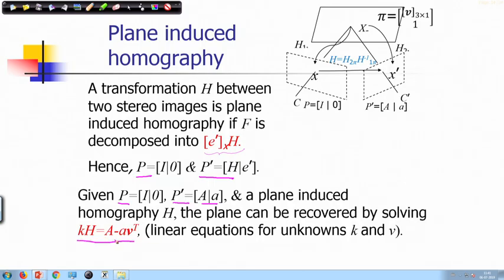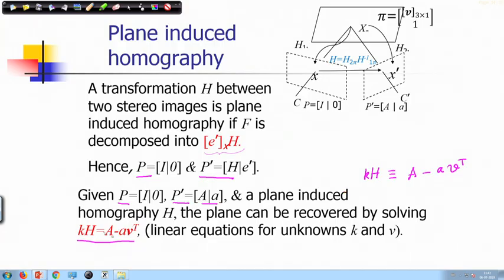We have seen that homography is given by A minus A v transpose in the previous case, but naturally this equality we cannot establish unless we know exactly at what scale this equality holds. That is why we have to rewrite this equation in this form.